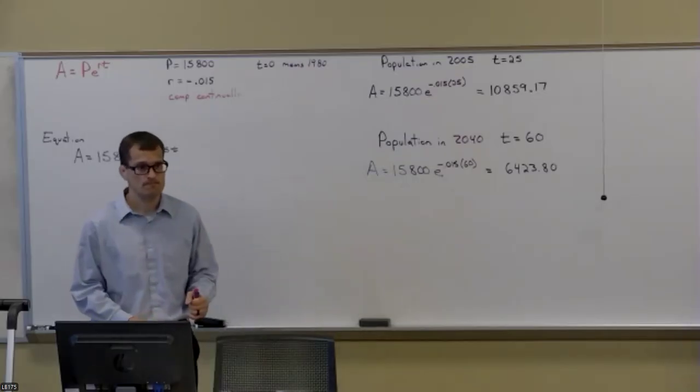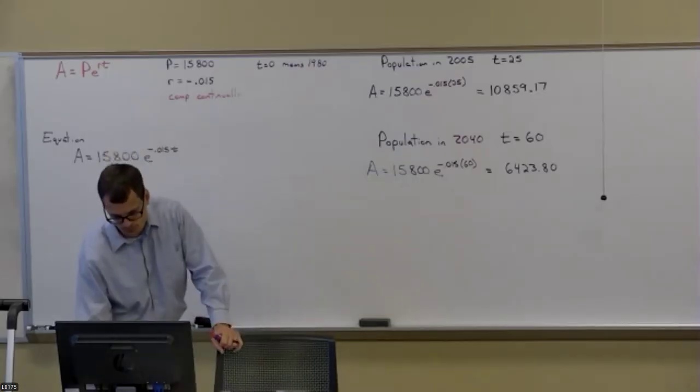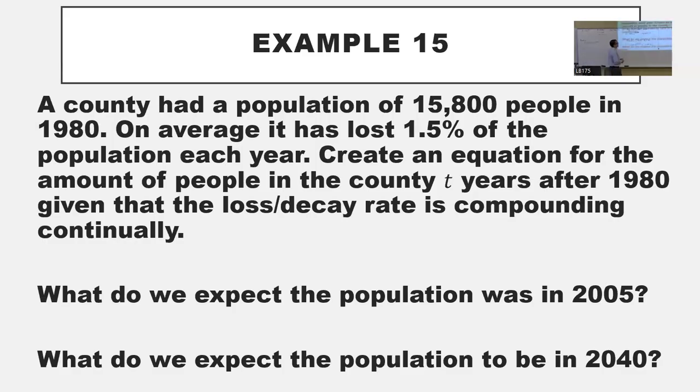Okay? So that's it. Those are the two curveballs. Using a starting value at some specific year and then decay rate are two different things on this question on example 15.